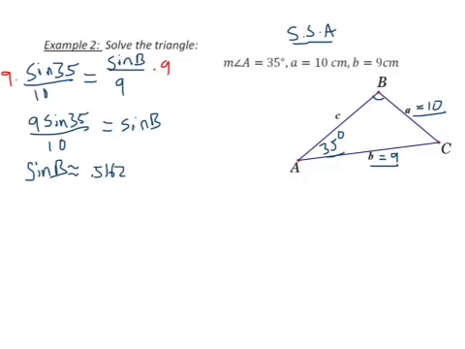Now we're looking for an angle, so remember, if we know the ratio and want to find the angle, we have to go backwards, in reverse, so we're using the inverse sine. So we're going to use the inverse sine of 0.5162.